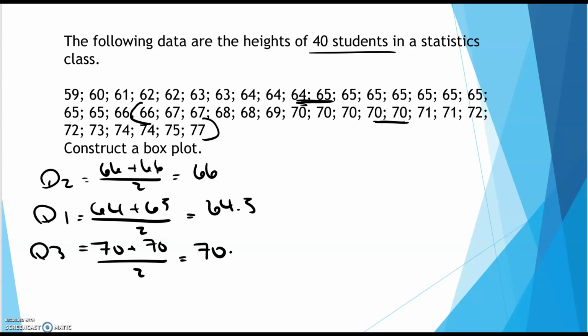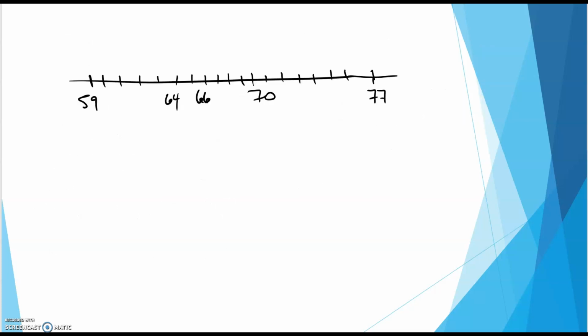Two more things, I need the max and I need a min. So max is 77, min is 59. Now we had Q1 at 64.5, so about there.